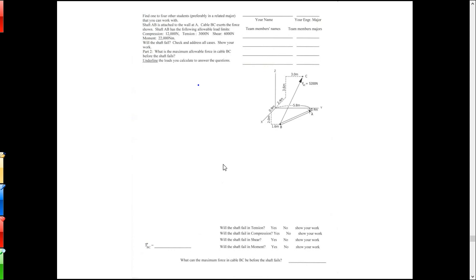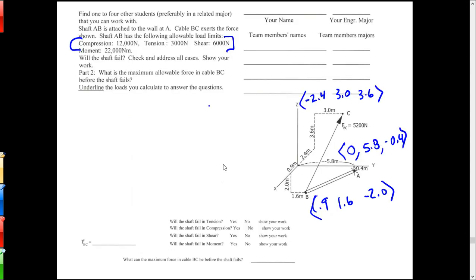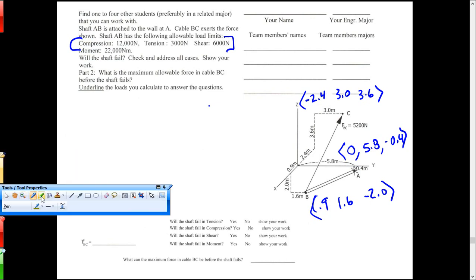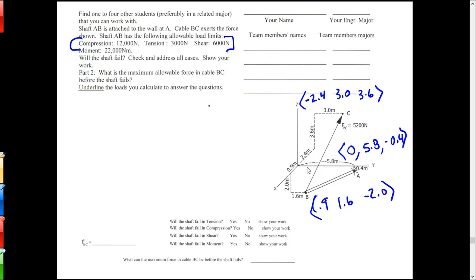All right, so let's have a look at what those coordinates are. Hopefully you've tried to find those, and here's what we've got. Negative 2.4, 3.0, and 3.6 for C. So there's negative 2.4 in the negative x direction, and then we've got 3.0 in the y and 3.6 in the z.